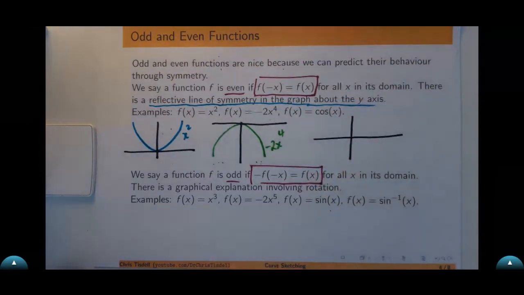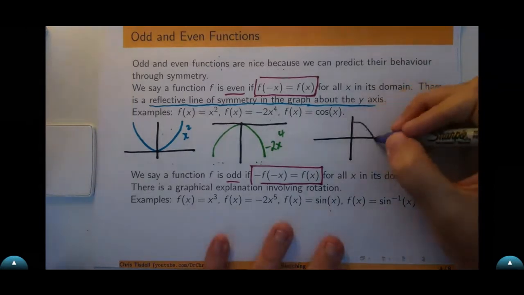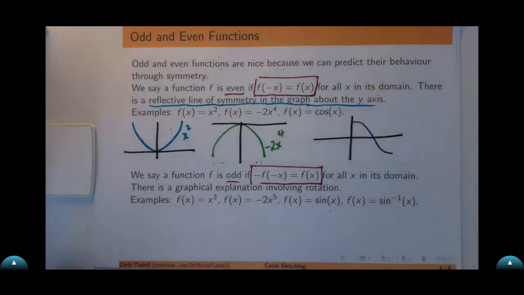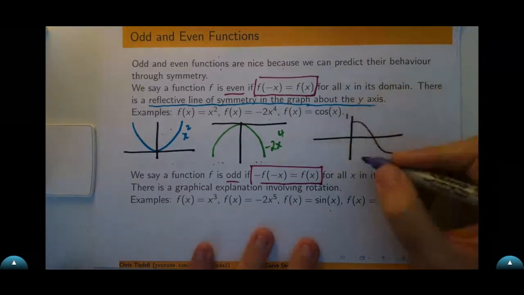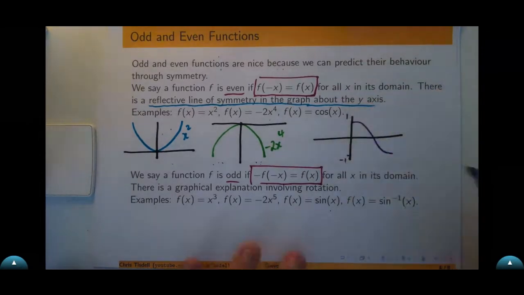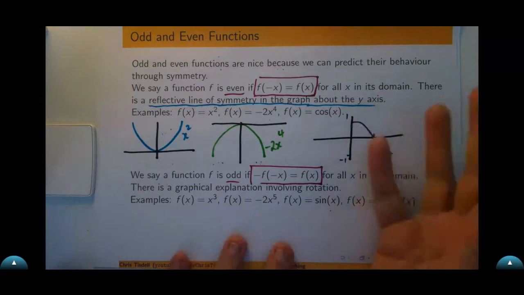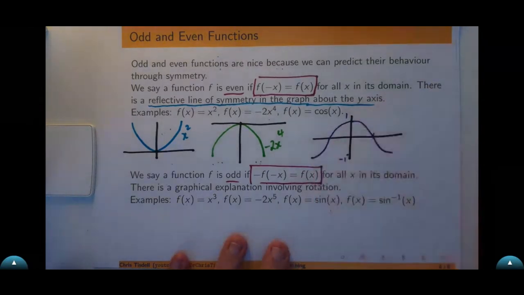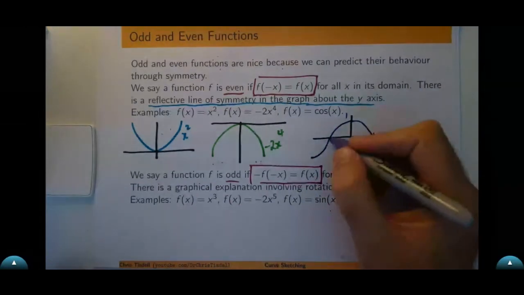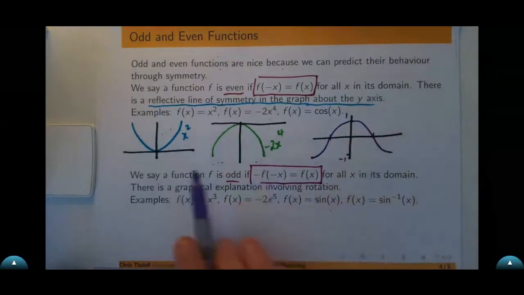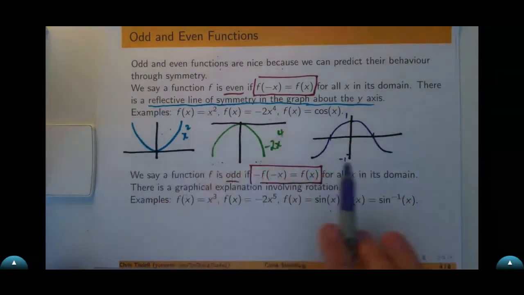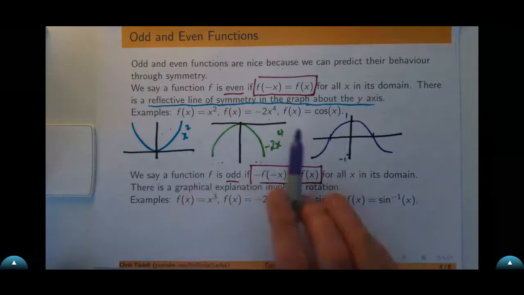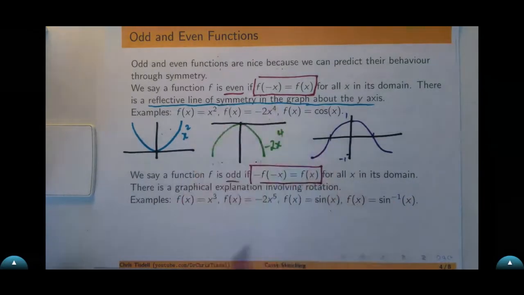For this one, you've got something like that, where this might be 1 and this is negative 1. And then you just take it and reflect it over to the other side. That's a really good way, in my opinion, of really understanding what an even function is all about.